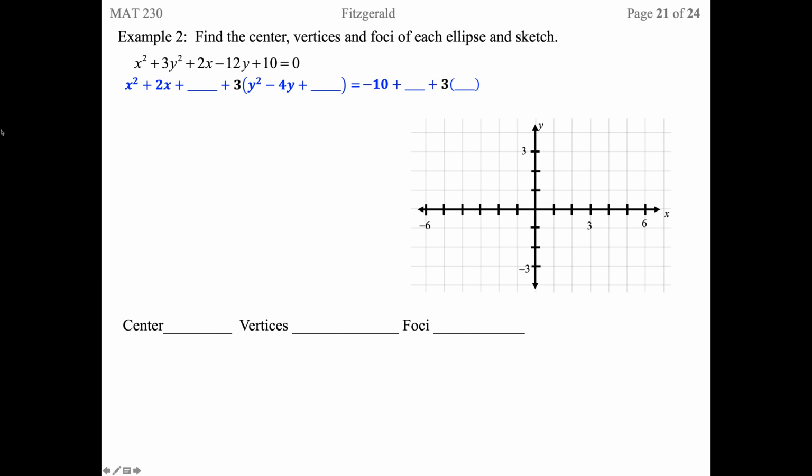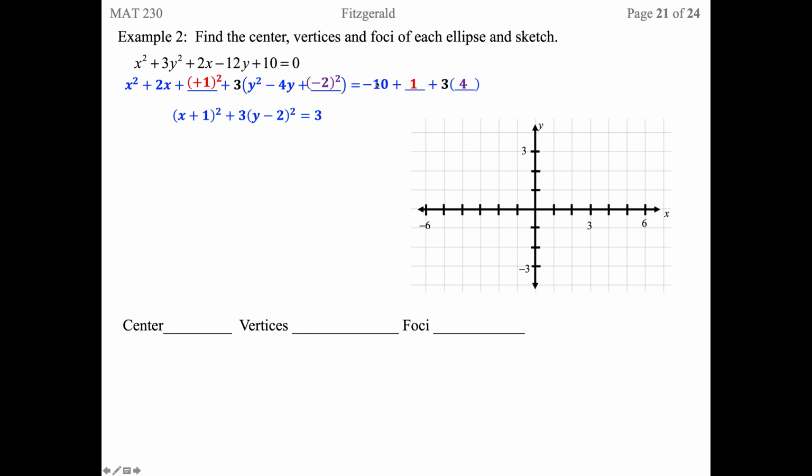So to fill our blanks, half of a positive 2 is positive 1 squared is 1. Half of negative 4 is negative 2 squared is 4. So here on the left, we'll have x plus 1, that binomial squared, plus 3 times y minus 2, that binomial squared.